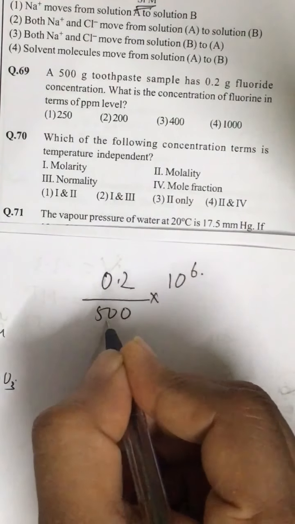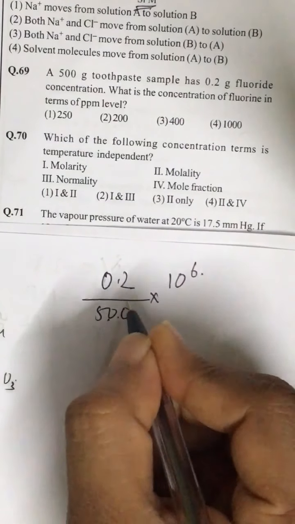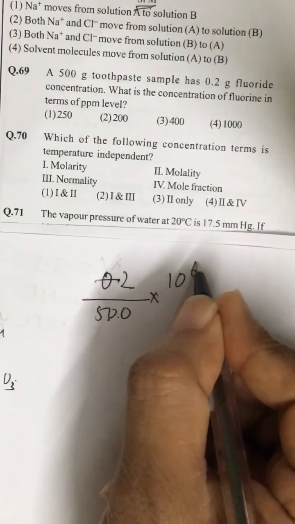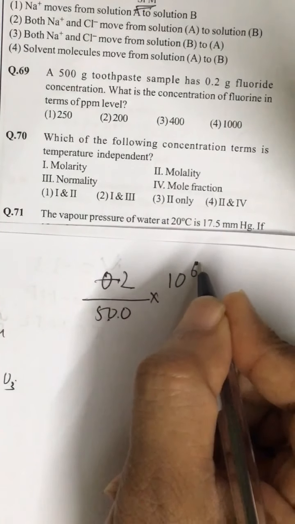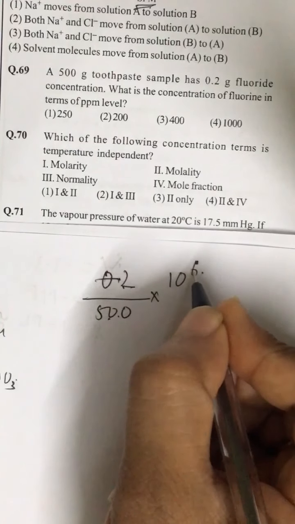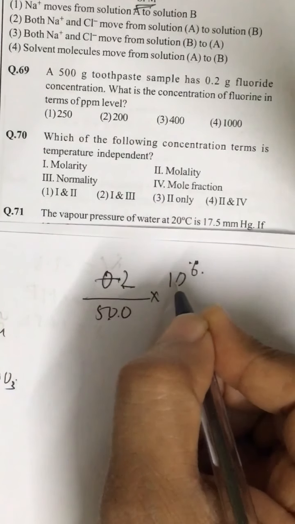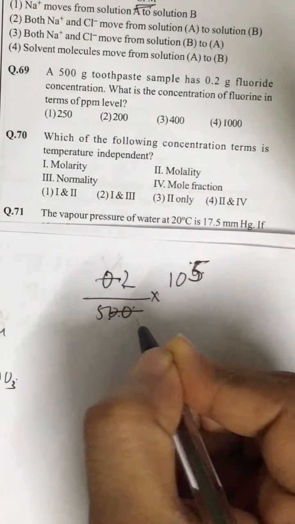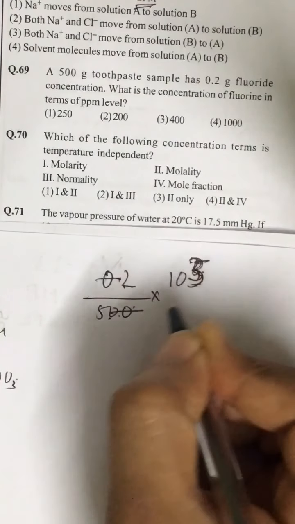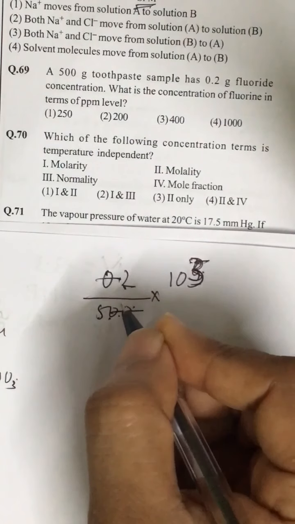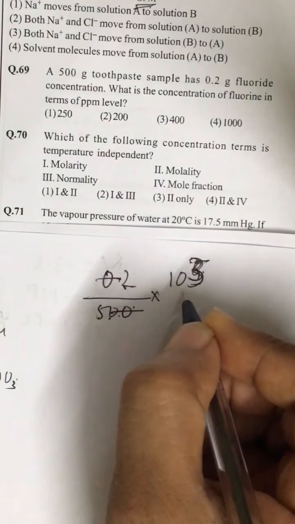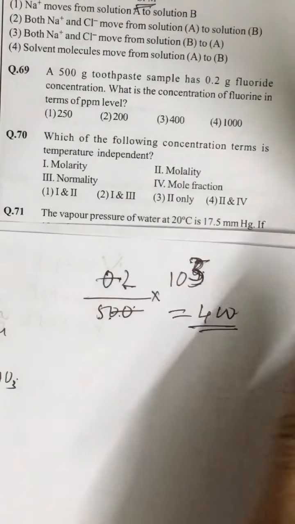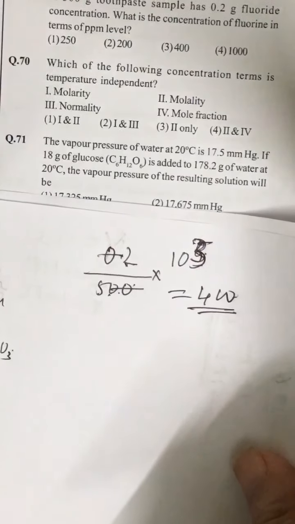So this can be written as 2 into 10 raised to power minus 1 over 5 into 10 raised to power 2, times 10 raised to power 6, so it becomes 10 raised to power 5, and then 10 raised to power 3. So it is 2 by 5, which is 0.4, or 0.4 into 1000 is 400 ppm. The correct answer is the third option.